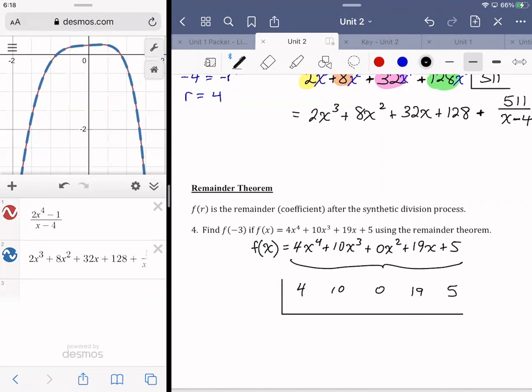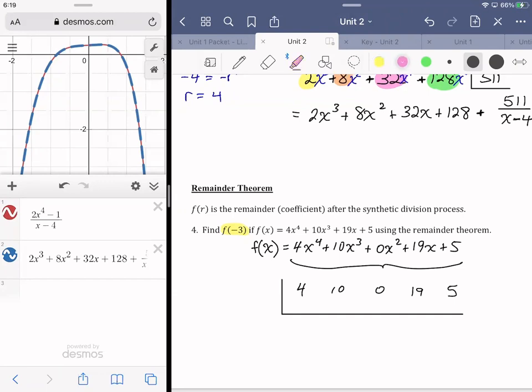Now, what this is telling us is that if I want to compute something like f of 3, right? Now you just think back to the first unit. F of 3 we would get by replacing all the x's with a, I'm sorry, f of negative 3. Replacing all the x's with a negative 3 and simplifying. What I'm saying is we could also do it with synthetic division, right?